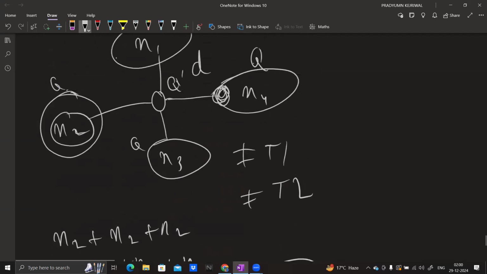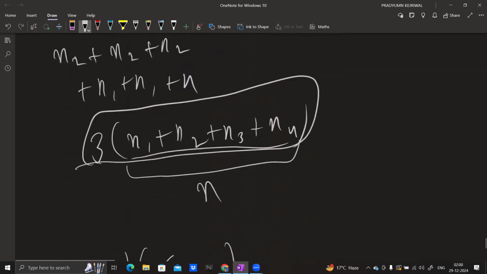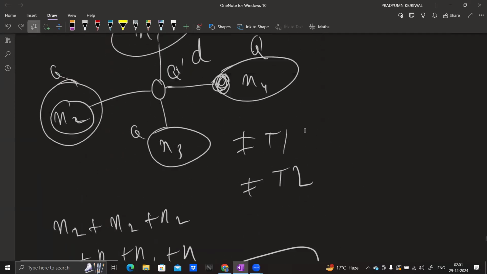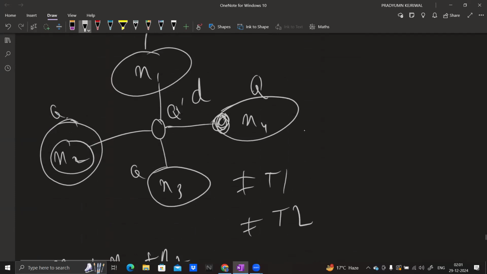In the whole tree, there are n nodes which are not of type 1 and not of type 2. The sum is just n, because this q dash is not included in that n, since it is of type 2. So the sum of n1, n2, n3 up to n4 is just equal to n, the total number of non-type 1, non-type 2 nodes in this, right?